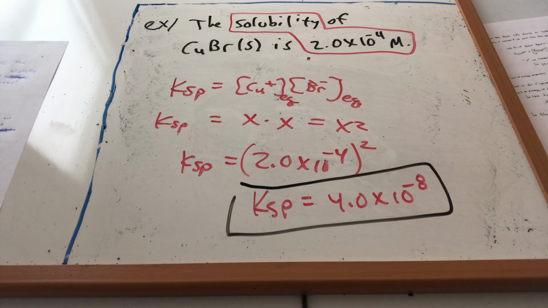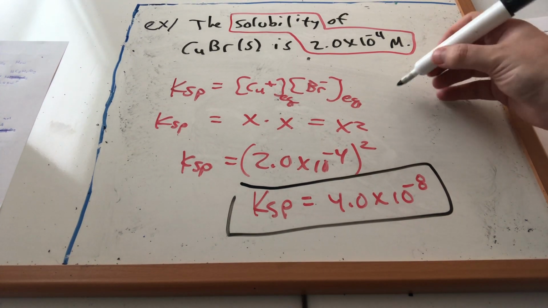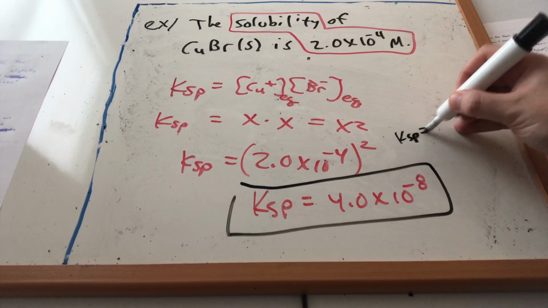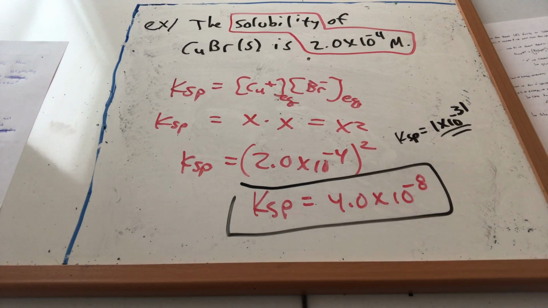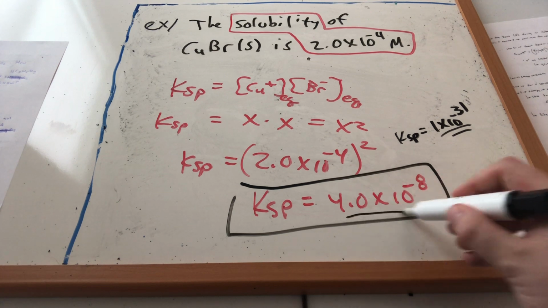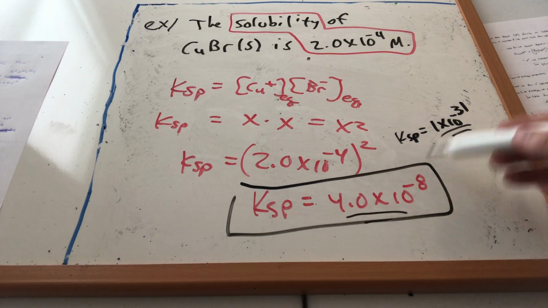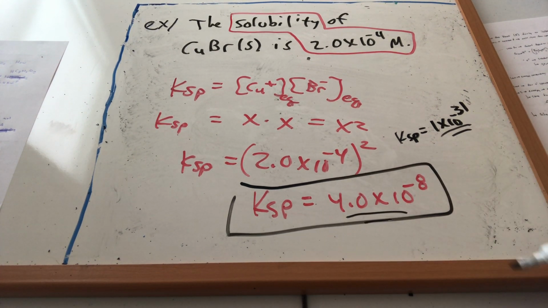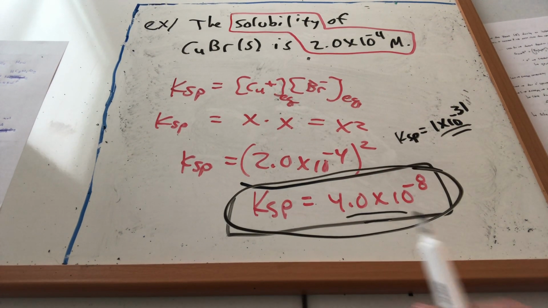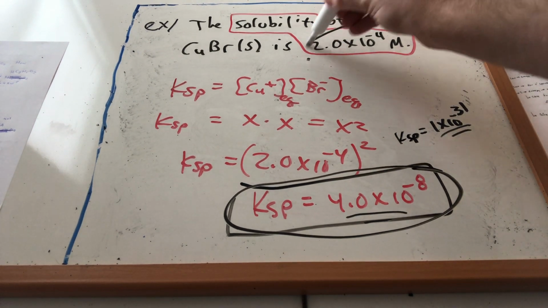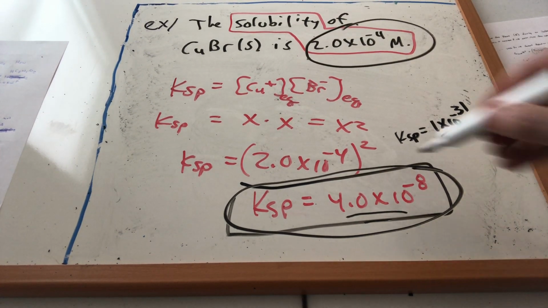One last quick thing. Remember the last example we had? The KSP was 1 times 10 to the minus 31. The reactant side is very favored. This side has a reactant side favored too, right? But which one is more soluble? More soluble, right? Because the K is a bit bigger than this K. And that's what we see up here in terms of the solubility.